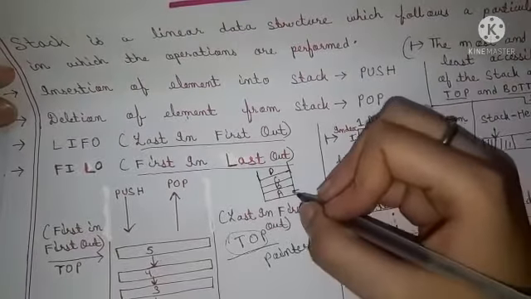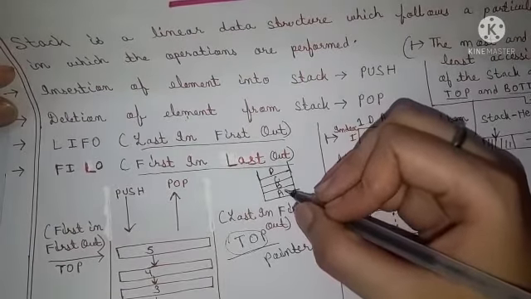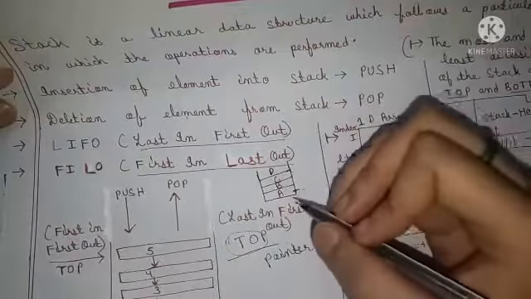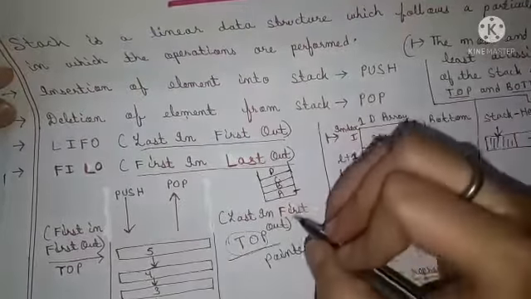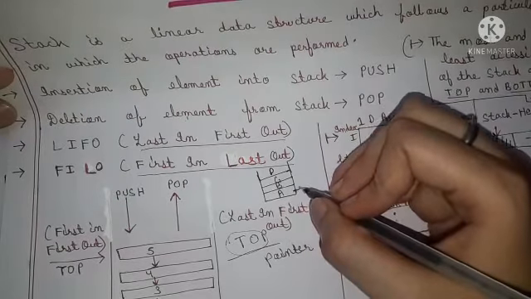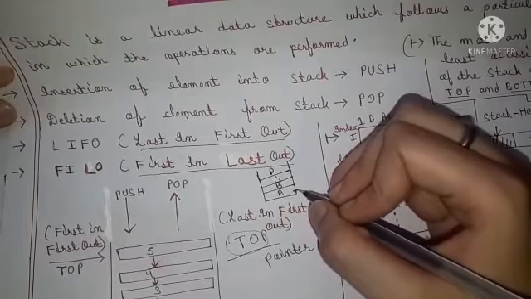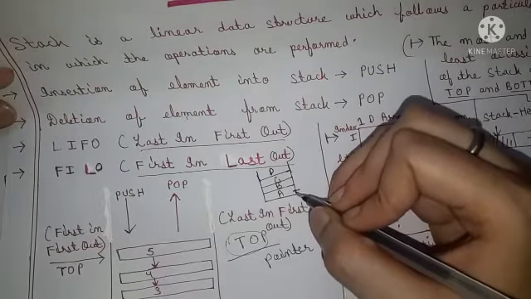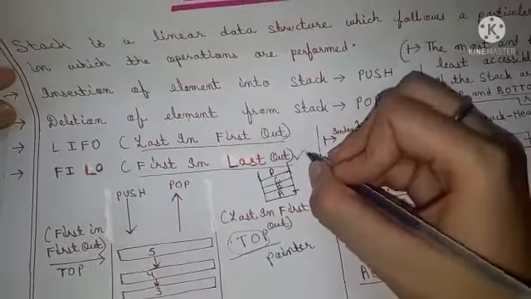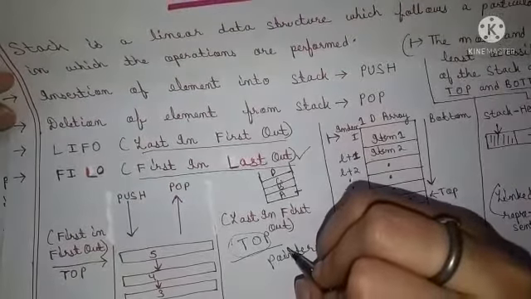So it will be popped last, because after B is deleted, C will be deleted, D will be deleted, then A will come and A will be deleted. In that case, A, which is inserted or pushed first, will be deleted or popped out last. So that is our first in last out principle, FILO.